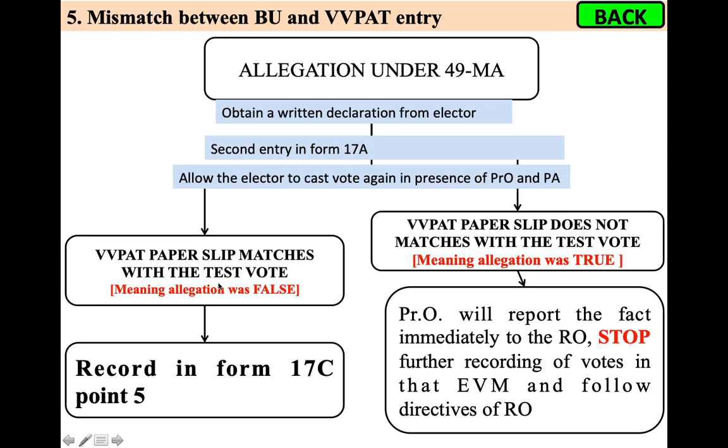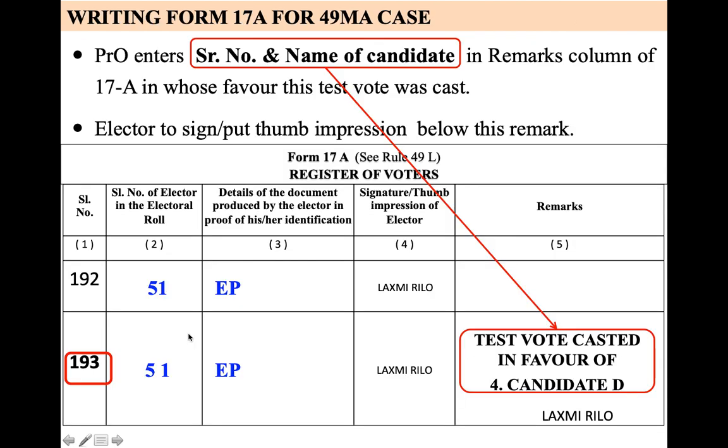The first step is that the person will be handed over to the police and an FIR will be lodged. The second step is that the detail of his test vote will be entered in 17C, the one we are discussing in point 5. So how do we enter?